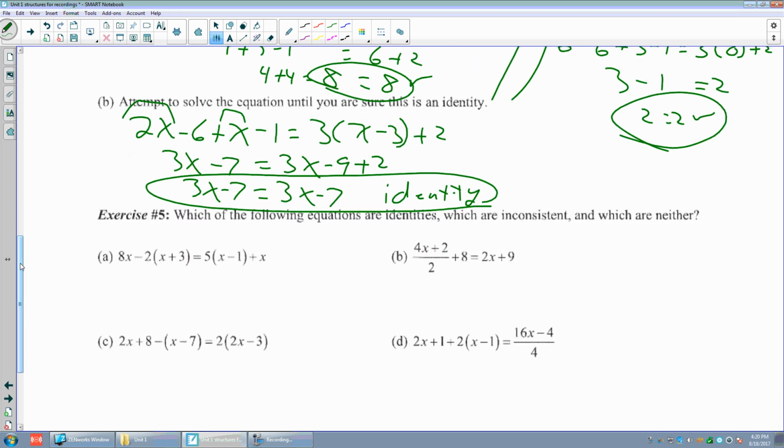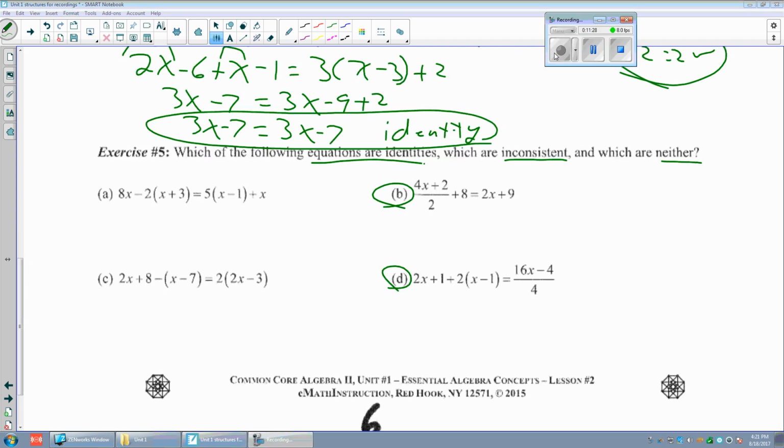Which of the following equations are identities, which are inconsistent, and which are neither? So we're looking for 3 different answers. We're going to do B and D here because we're running out of time. Very important, we subtract 8 first. Remember, the fraction bar acts like parentheses.